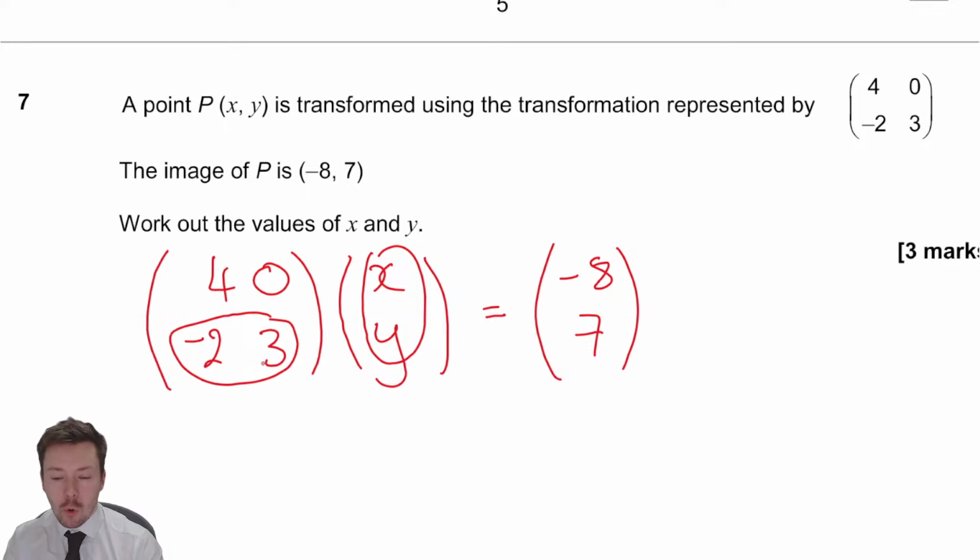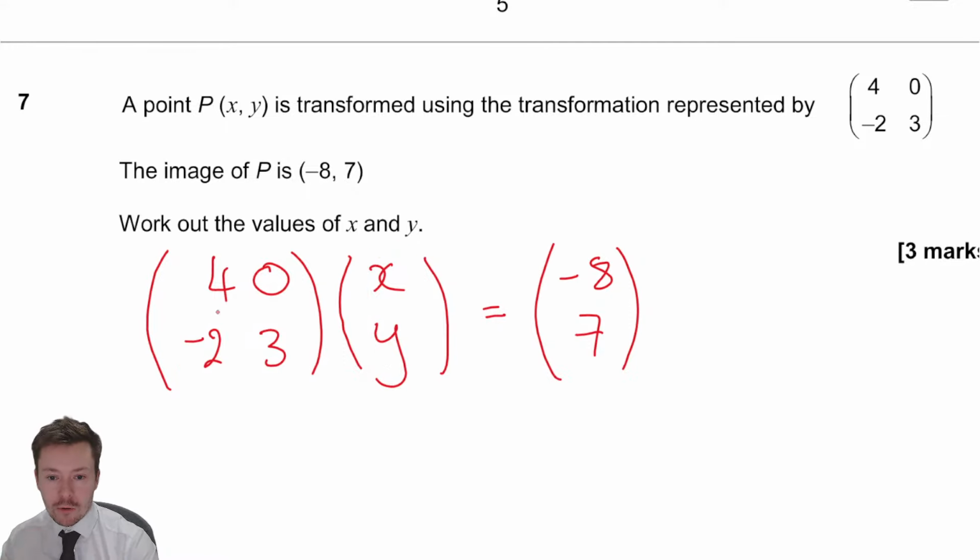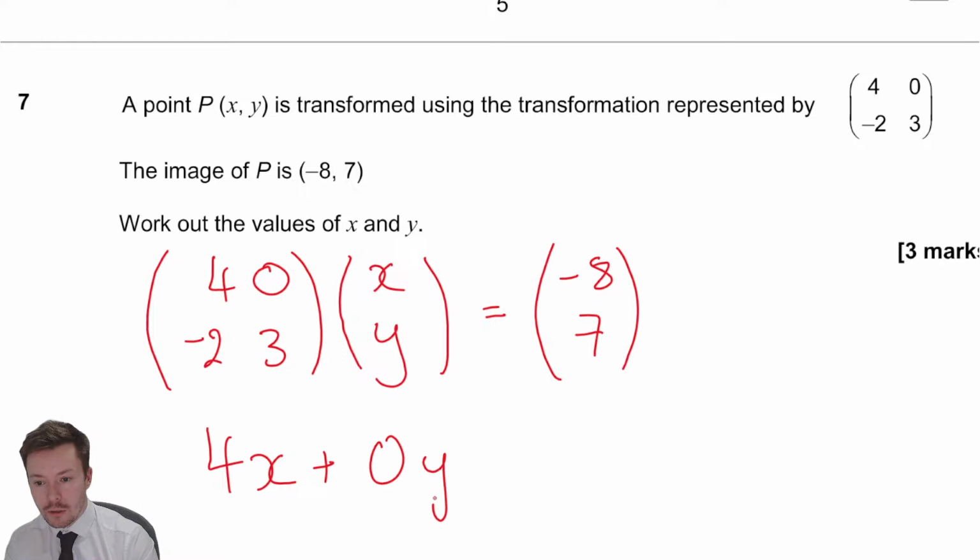So almost like where these two things overlap. You see this one's at the bottom, and this one's vertical. So we're going vertical and at the bottom, which is this one, the 7. That's kind of the way it works if you haven't seen it before. So we're going to get 4x plus 0y is equal to -8.